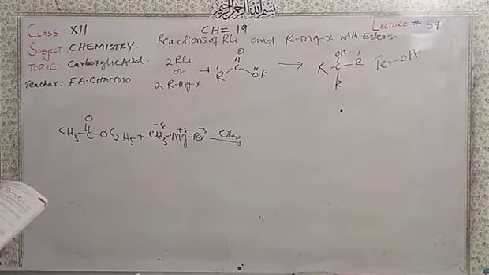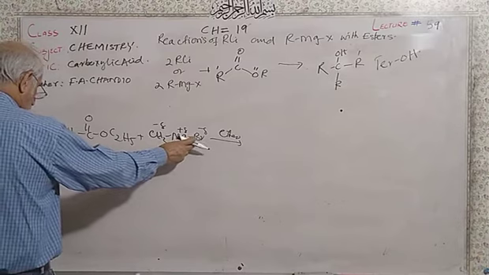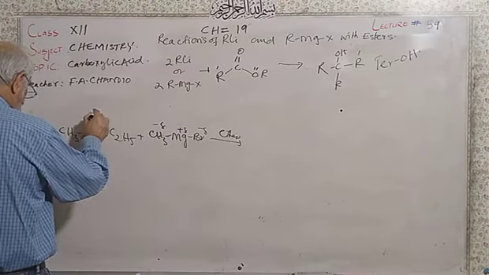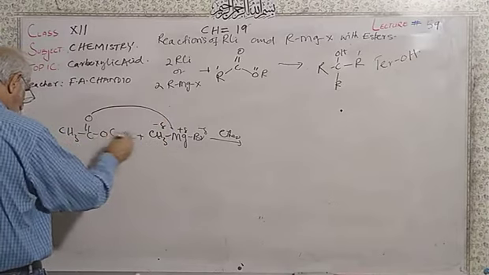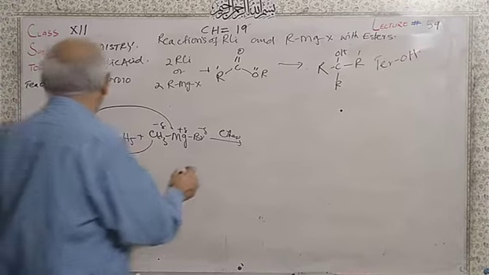So what you will get here, this magnesium bromide is going to be attached with oxygen, and this negative methyl is going to be attached with carbon.